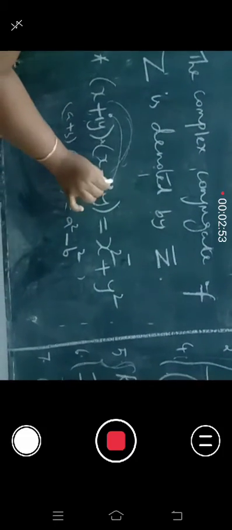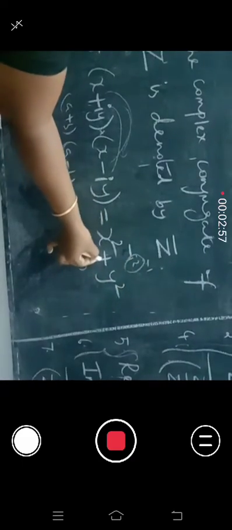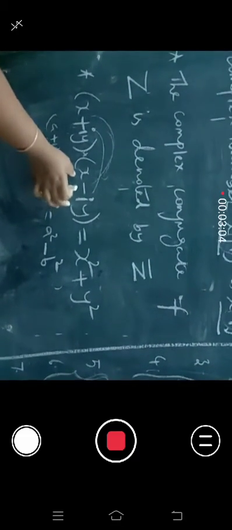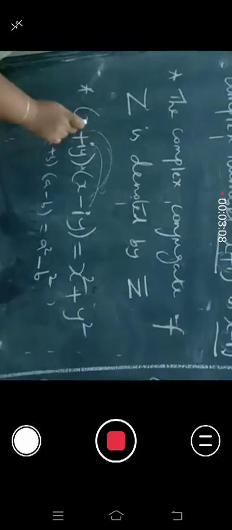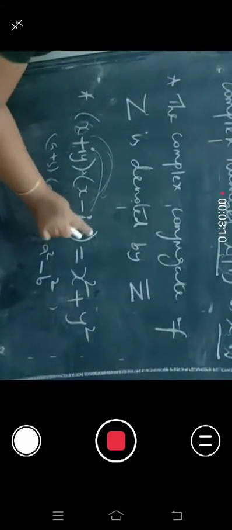Because here plus into minus is minus, i into i is i square, whose value is minus 1, so minus into minus is plus. So just remember this formula: a complex number and its conjugate, their product is always a real number. That is real part square, x square, plus imaginary part square. No need to worry about sign. Okay, x square plus y square.